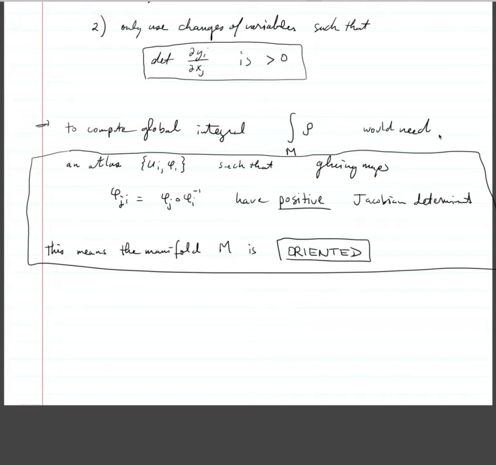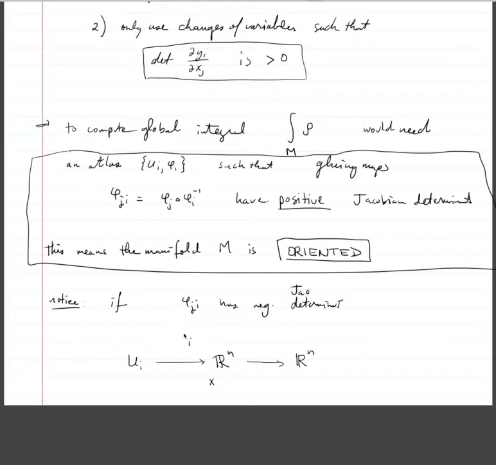Okay, but notice that if phi ji has negative Jacobian determinant, then what you could do is take one of the charts, let's say phi I, and replace it by another chart.